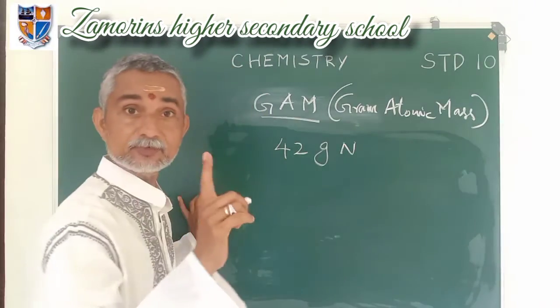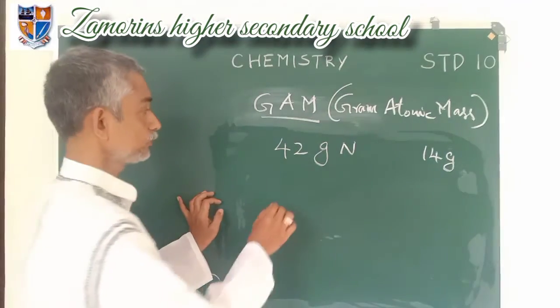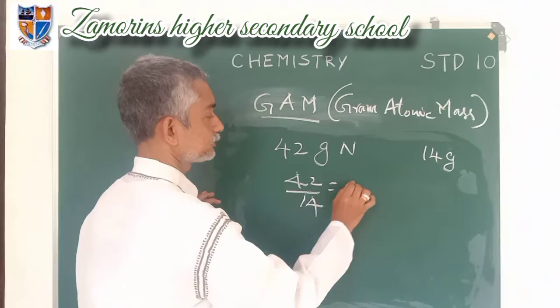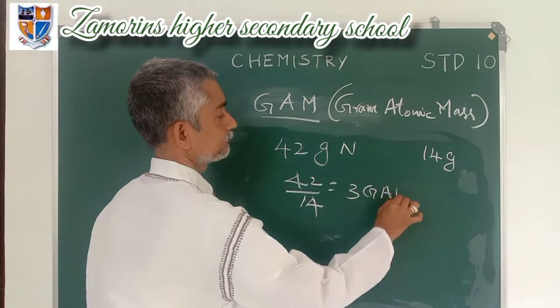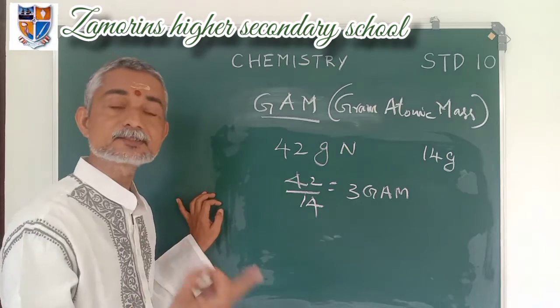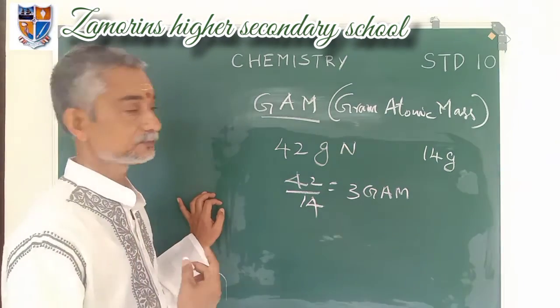The atomic weight of nitrogen is 14 gram. So 42 by 14 is equal to 3 GAM, or 3 into 6.022 into 10 to the power of 23 atoms.